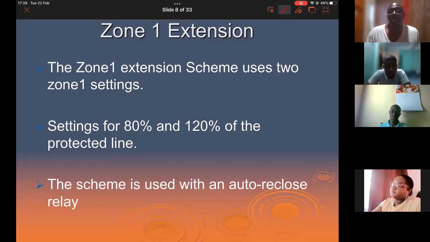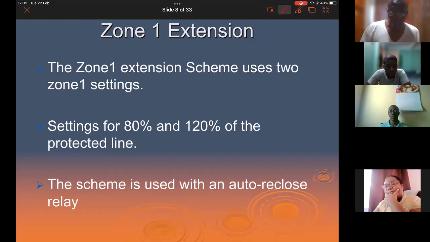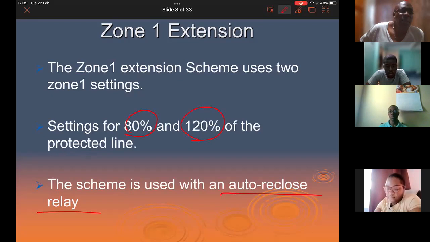So when you have these challenges, this is where the zone 1 extension scheme becomes helpful. So the settings for your zone 1 extension, you have both an 80% and a 120% of the protected line. All right? And the scheme is used with an auto reclose relay. So those are the two things that are considered for your zone 1 extension.